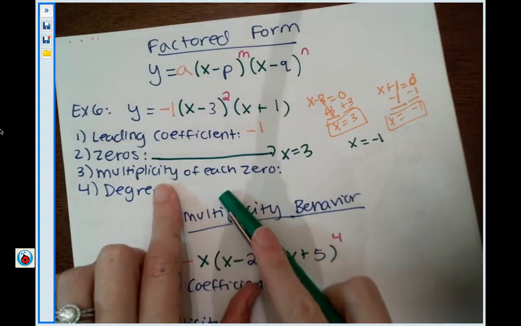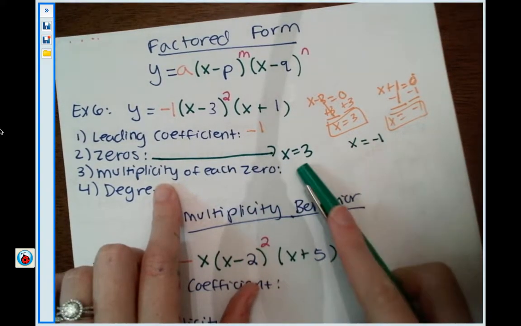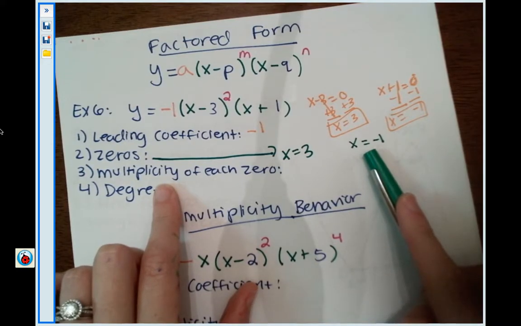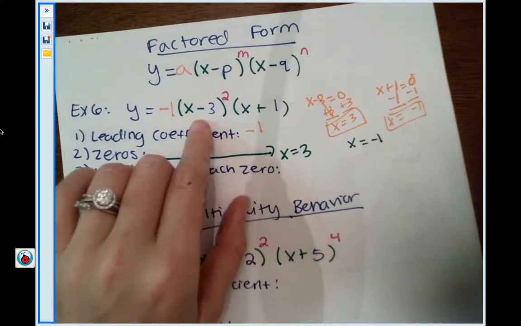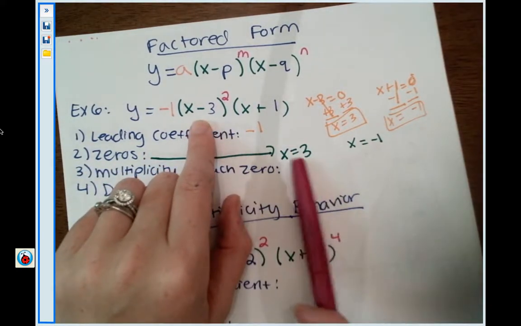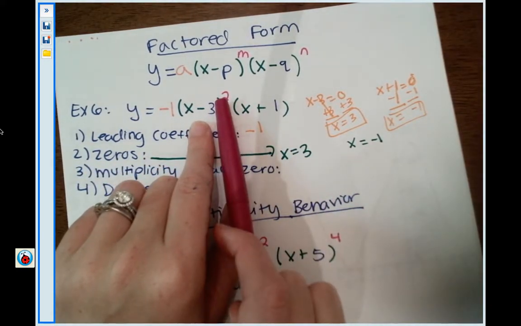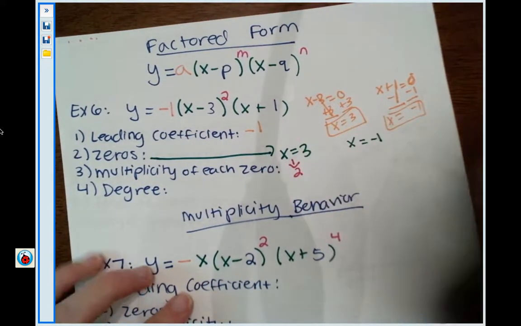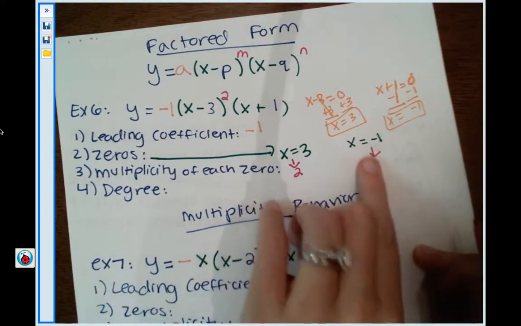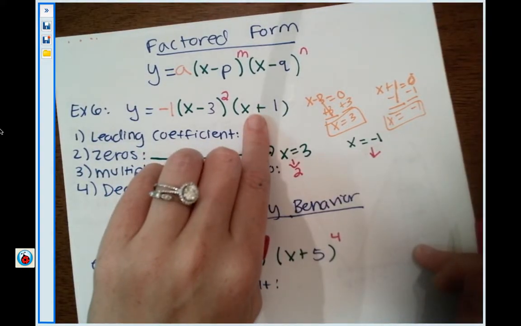Now the multiplicity of each zero, that is the exponent on that factor that pertains to each of these zeros. So when x is 3, this pertains to this factor. The 3 is associated with this, and the exponent on that factor is 2. So the multiplicity of this zero is 2. And the multiplicity when x equals negative 1, that pertains to this parenthesis.